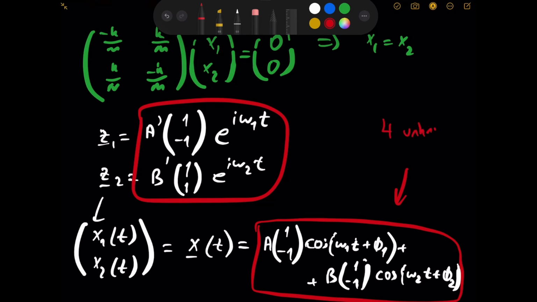And those four unknowns will be determined by initial conditions, and probably you will be given the initial velocities and the initial positions of the systems. So then you can describe how the system evolves with time.